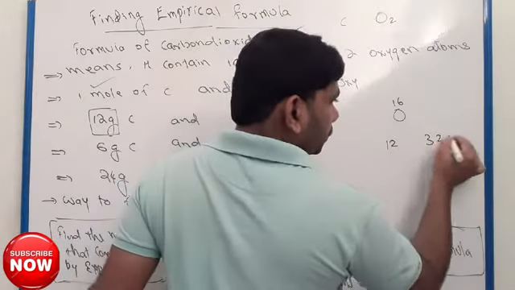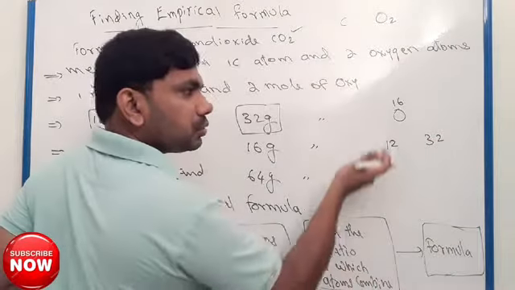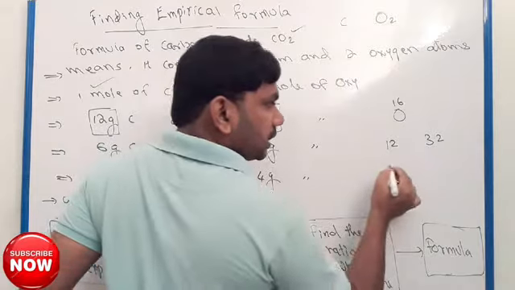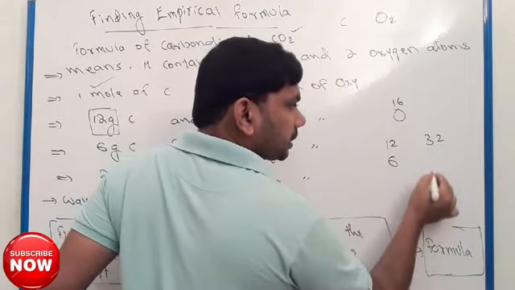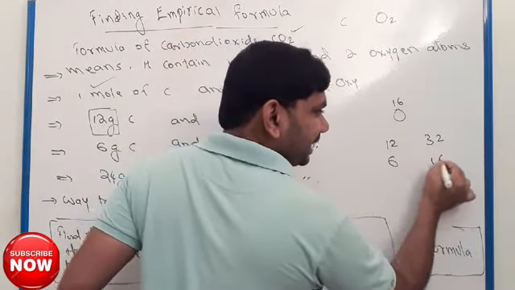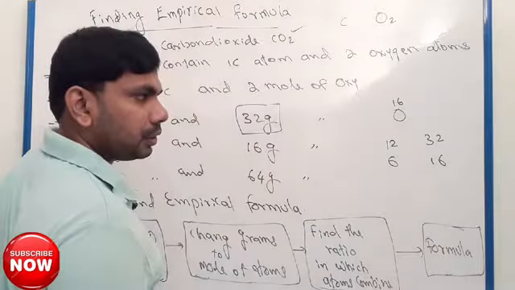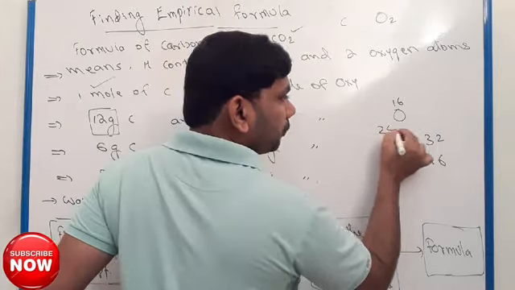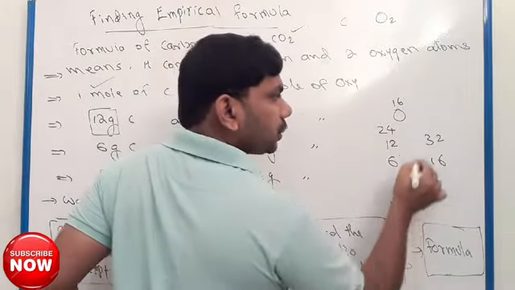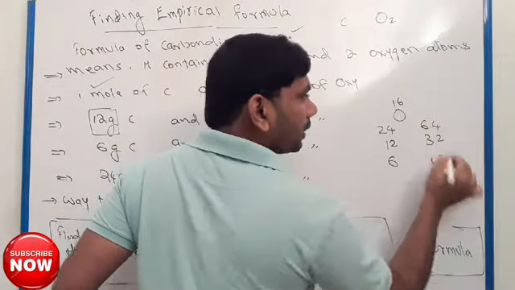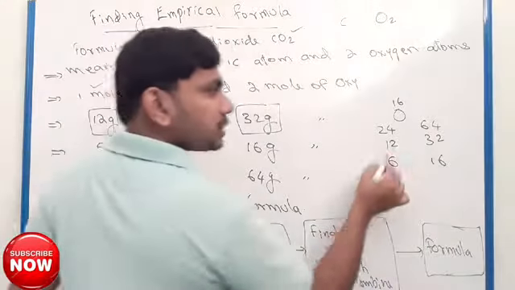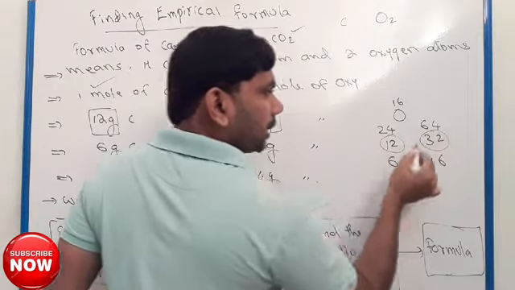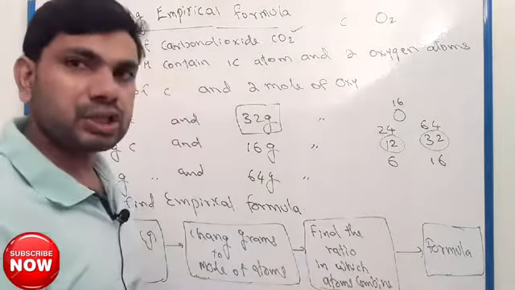Using this ratio you can say 6 gram carbon reacts with 16 gram oxygen, or 24 gram carbon reacts with 64 gram oxygen. So using this you can predict their ratio.